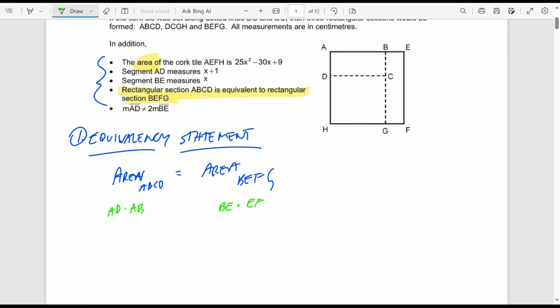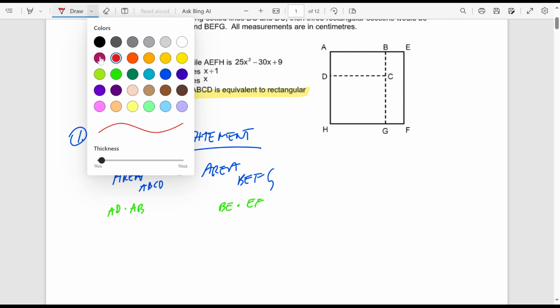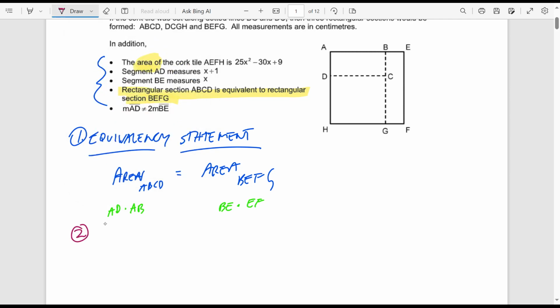So now I really want you to label everything. Step 2 should be to go through and label all that we can. Step 2, label. What I mean by that is AD is x plus 1. BE is x.